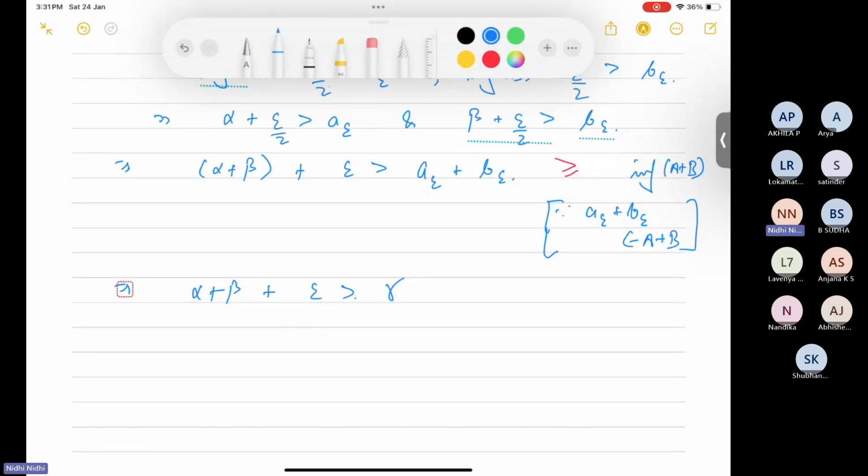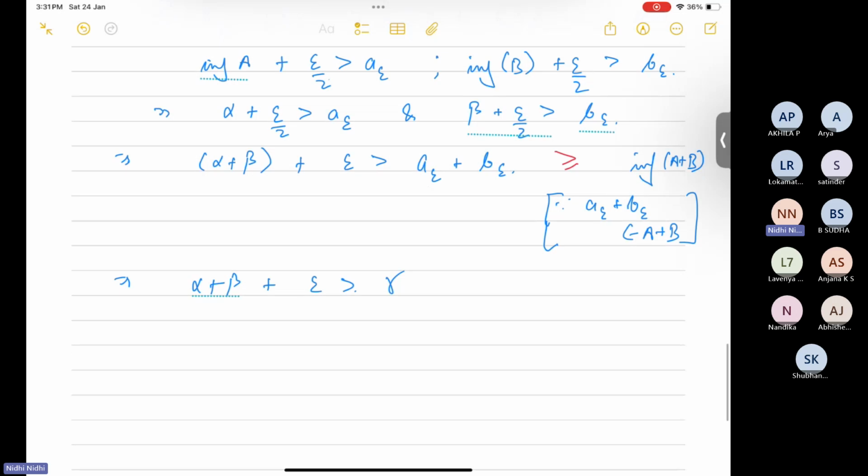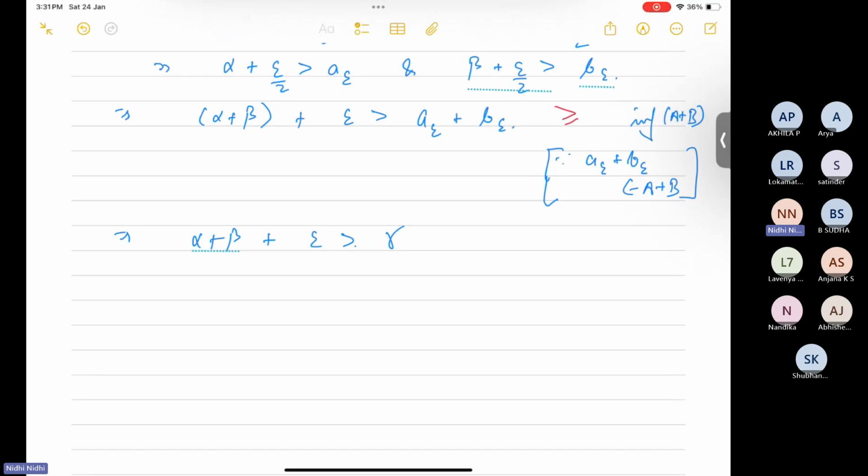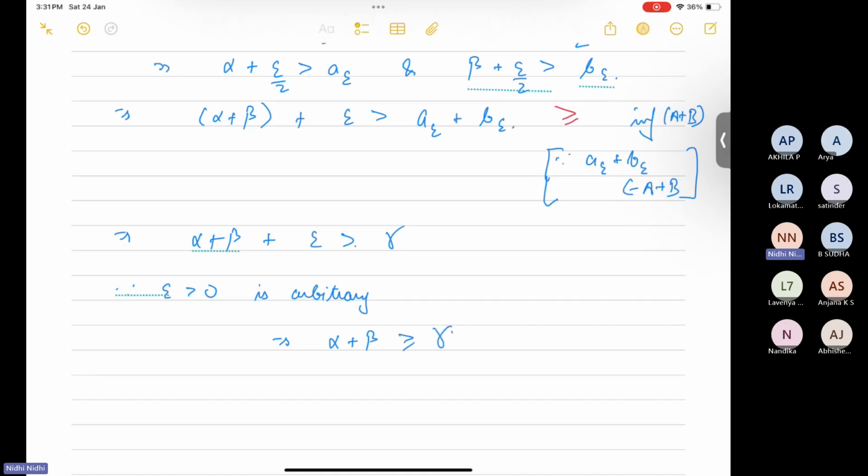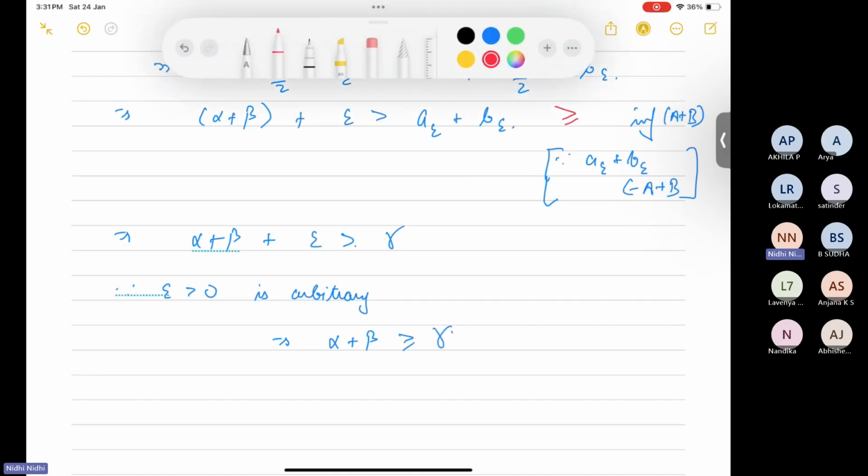So now, since this epsilon positive was arbitrary, I take it tending towards 0, and we get alpha plus beta greater than or equal to gamma. Now I'll mark it as equation 3, inequality 3.